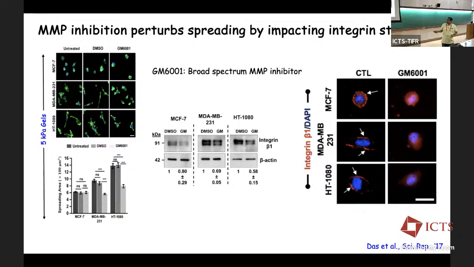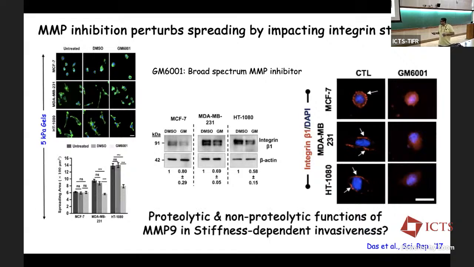If you inhibit MMP activity using GM6001, which is a broad spectrum MMP inhibitor, the cells are unable to migrate. And we showed that this defect was associated with integrin levels.